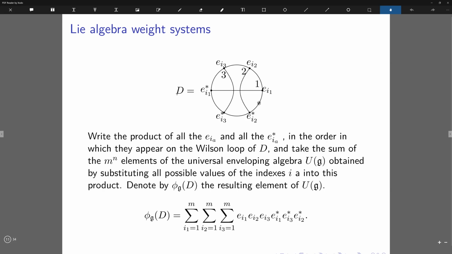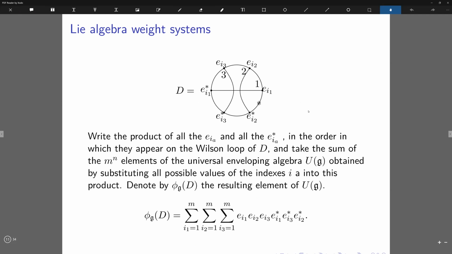So here you can see that for chord diagram D, we take the product of all the basis elements from the start point, and take the summation over all possible indices.